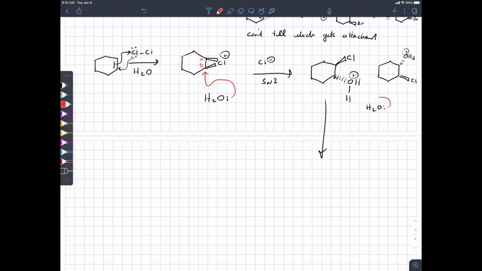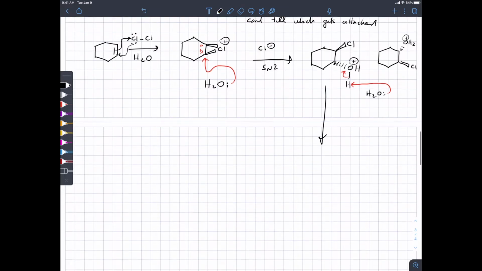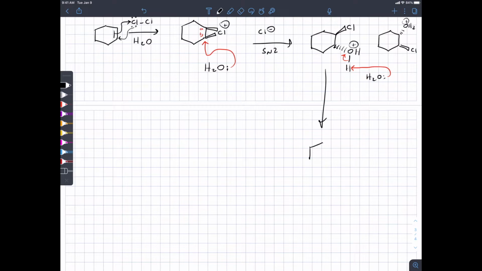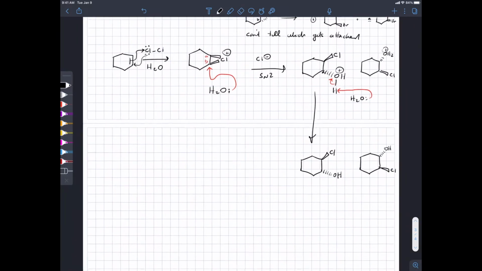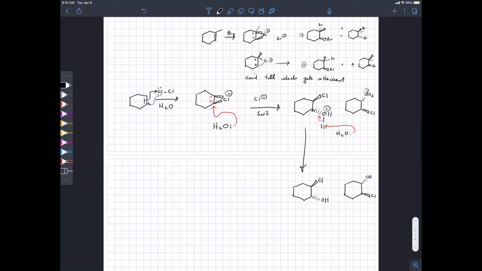Your text will often show actually Cl- doing it, but it's way more reasonable to show water removing that proton, because Cl- is a much weaker base than water is. And that will give you this product where we have this 1-2 relationship between hydroxy and chloro, and these two are enantiomers of each other. Okay?